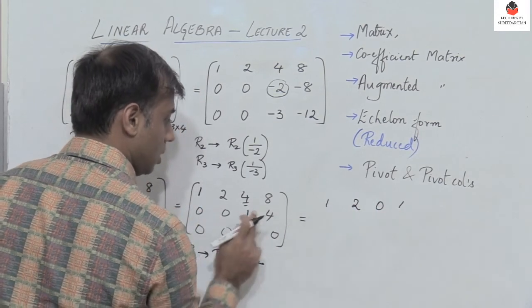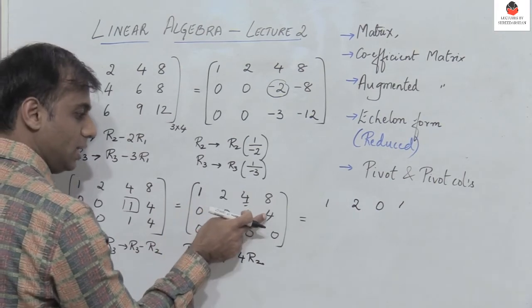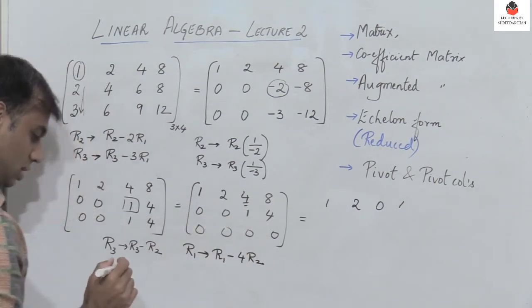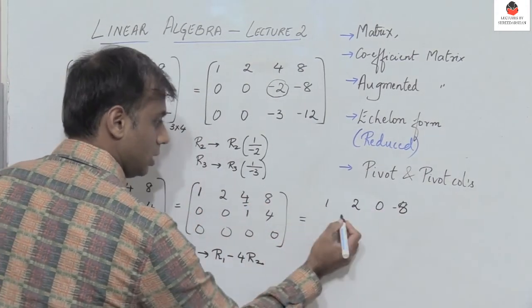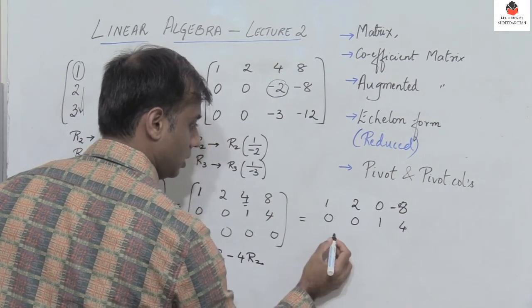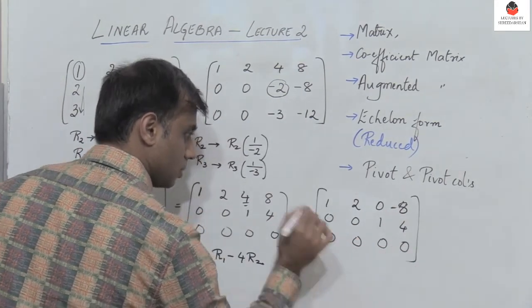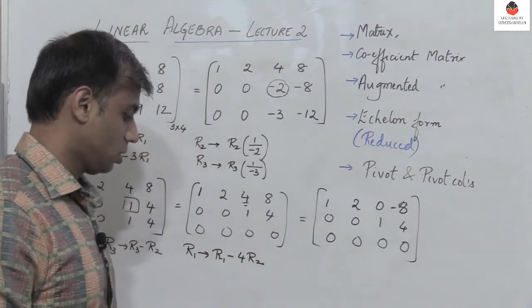Here 4 minus 4 is 0, and similarly here 8 minus 16 gives me minus 8, and then 0, 0, 1, 4, and then you have 0, 0, 0, 0. So 1, 2, 0, minus 8, 0, 0, 1, 4, 0, 0, 0, 0. So this is the reduced echelon form.